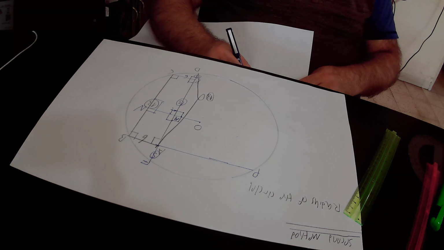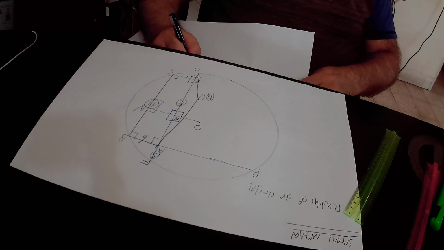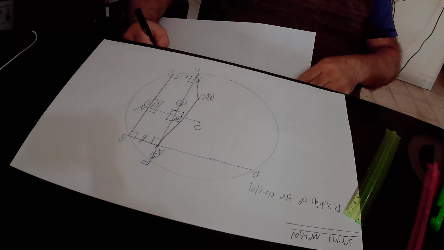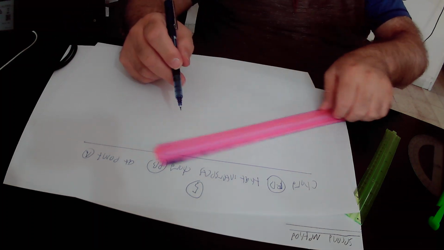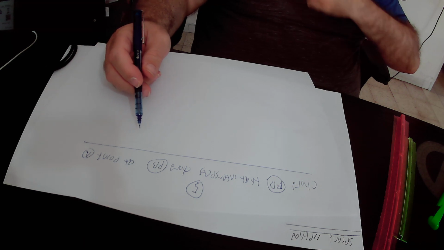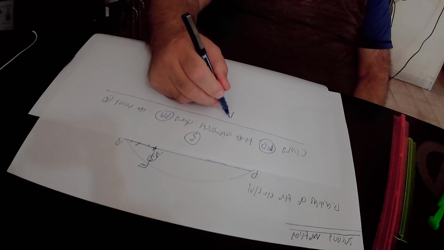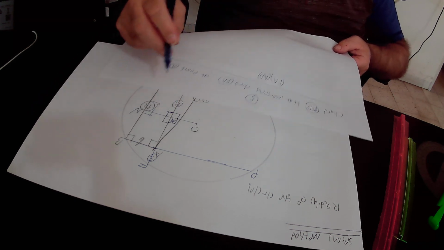This is chord FD, that intersects with chord PB at point A. Repeat again, in our original drawing, we have chord FD that intersects with chord PB at point A. Therefore, according to the old rule number 2, we get that FA times AD equals PA times AB.